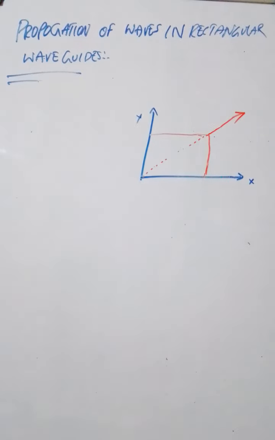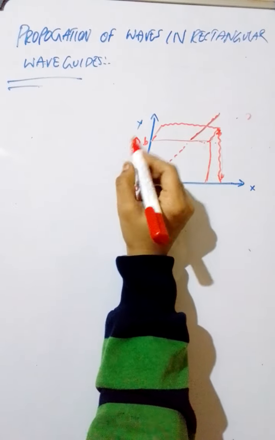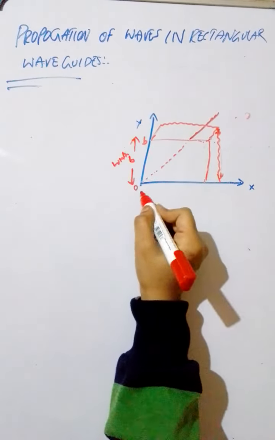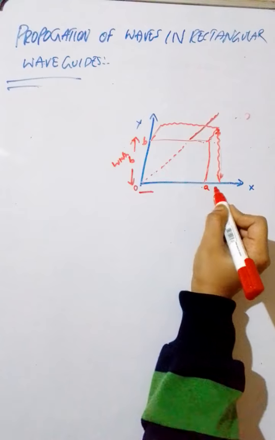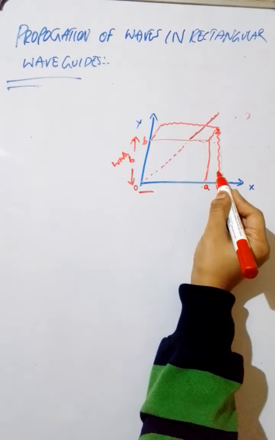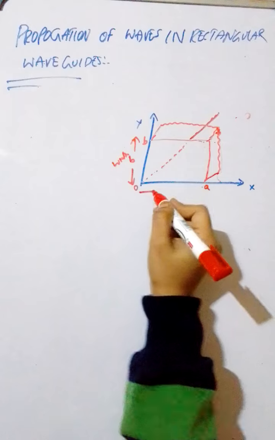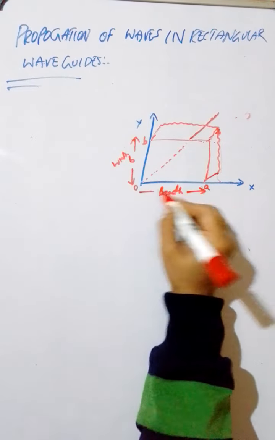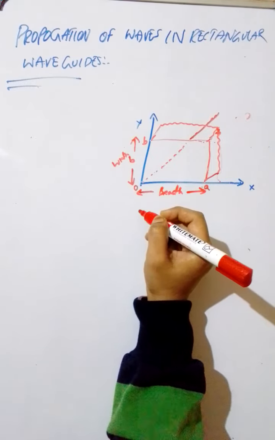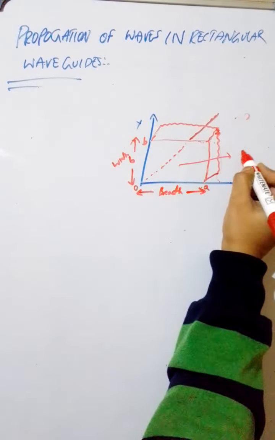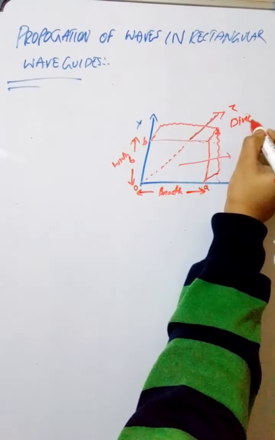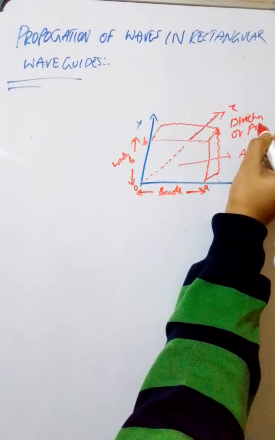The distance between these two points is b, that is the width. This one is its breadth, length into breadth, isn't it, in a rectangle? Here this is air. This one is z, the direction of propagation.